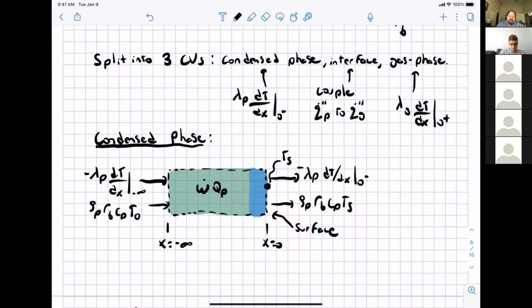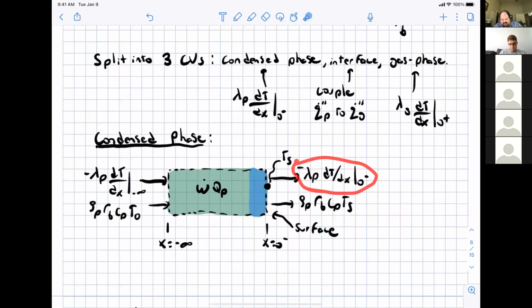We are assuming constant specific heat, so that's just CP T naught. And we have a heat flux going out from the top. This is still in the condensed phase side, so this would be x equals 0 minus. So this is still barely inside of the condensed phase material. Okay, and then we have a flow of enthalpy going out, and that's it.